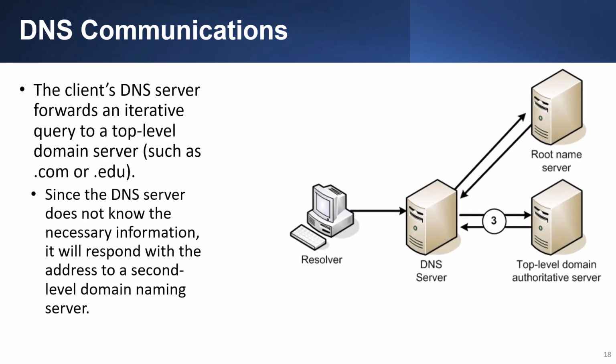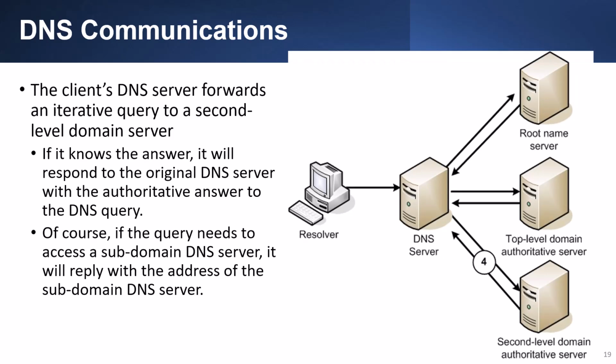The client's DNS server forwards an iterative query to the top-level domain, such as .com or .edu. Since that server does not know the necessary information, it will respond with the address of a second-level domain naming server. The client's DNS server forwards an iterative query to a second-level domain server.